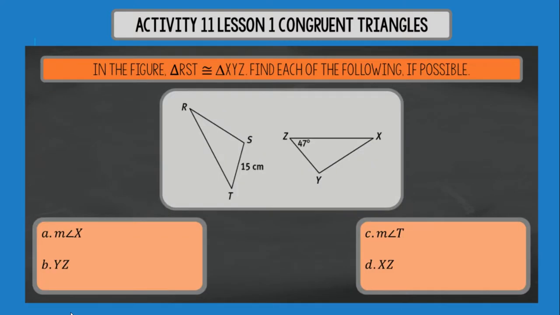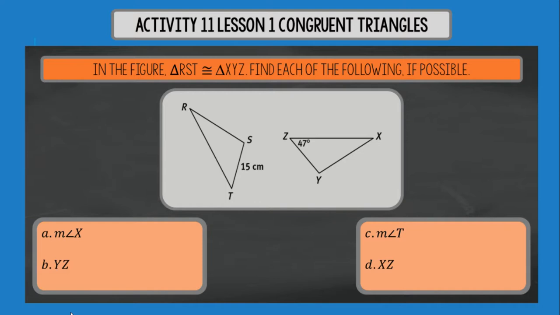All right. So these are the type of questions you're going to see today. In the figure, triangle RST is congruent to triangle XYZ. Find each of the following if possible. A says, what is the measure of angle X?